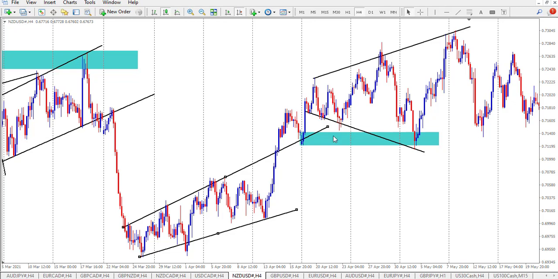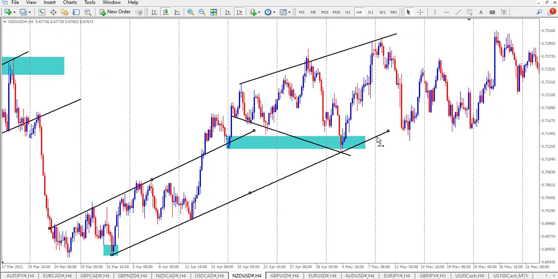So this is a broadening triangle, and this is the retest of the demand zone, being supported by this trend line. If you draw this trend line, you see we have one touch, two touch, then the third touch with the demand zone, with the broadening triangle coming back to retest this.